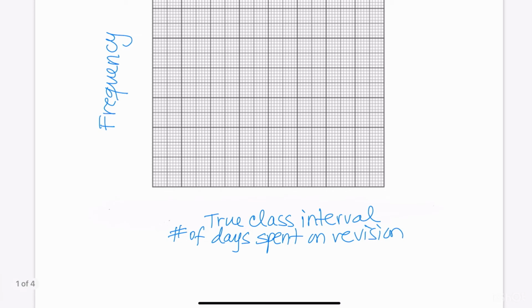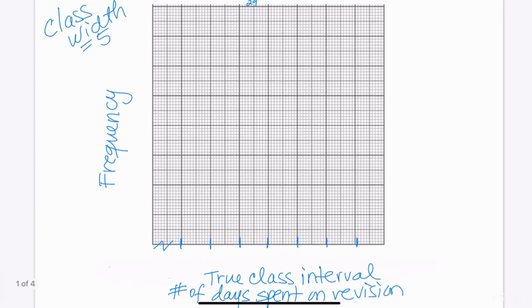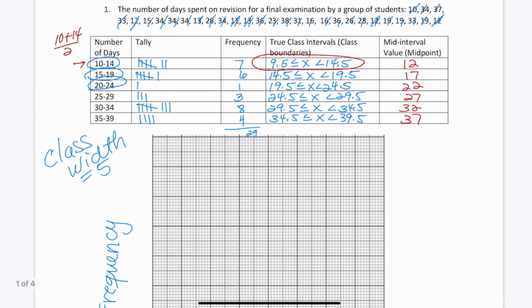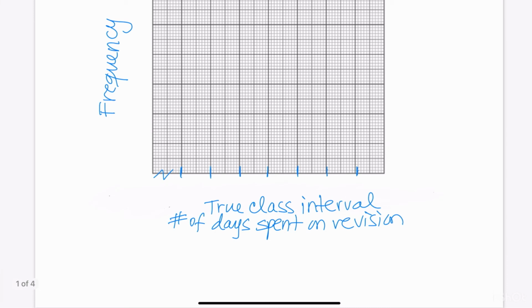So I'm going to make my life easier on this graph, and I'm going to make a break in the graph to signify that the amount of spacing from 0 to the first number is not going to be the same. Then I'm going to use each one of these major lines to indicate that we're going to go from 9.5, 14.5, so on.